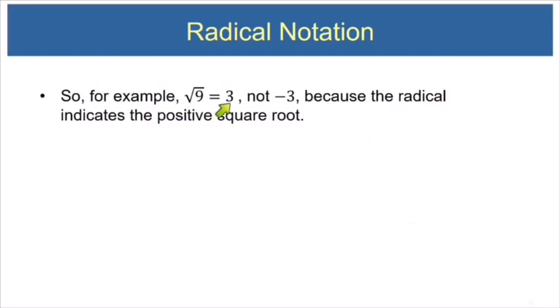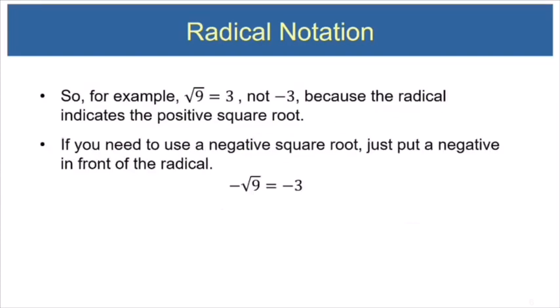We would never say the square root of 9 equals negative 3, because the radical symbol always indicates the positive square root. Now, if you need to indicate the negative square root for any reason, you just put the negative sign in front of the radical. So negative square root of 9 would be negative 3, because square root of 9 is 3.